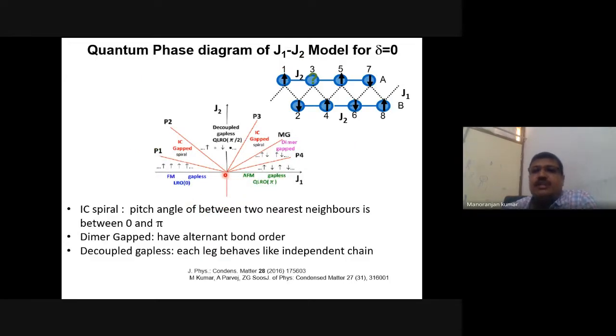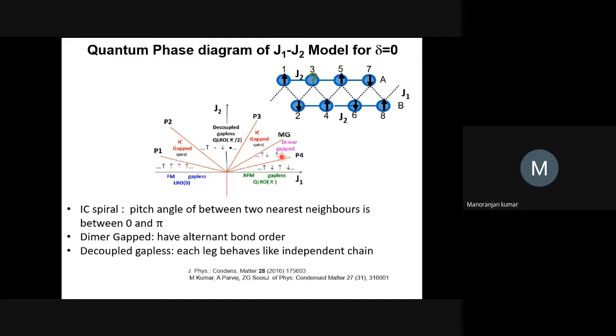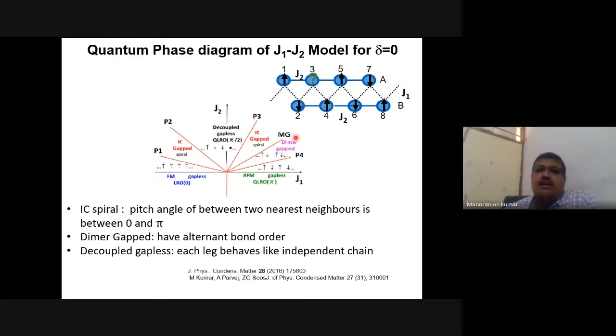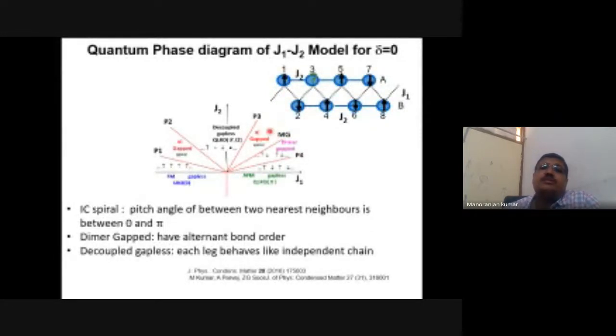You see that you have a beautiful phase diagram in J1, J2 parameter space. If you have J1 dominant, it is an antiferromagnetic gapless state. If you further crank up the phase diagram, you go to the incommensurate gapped spiral phase, the decoupled phase.